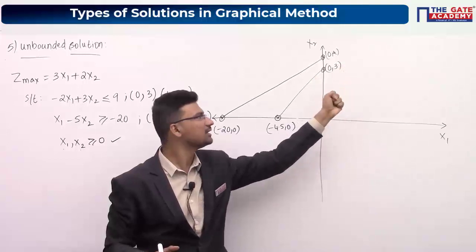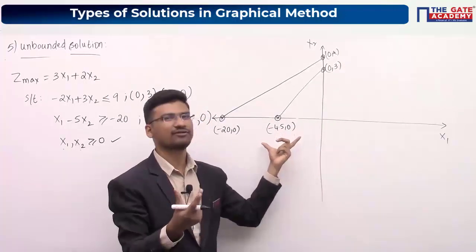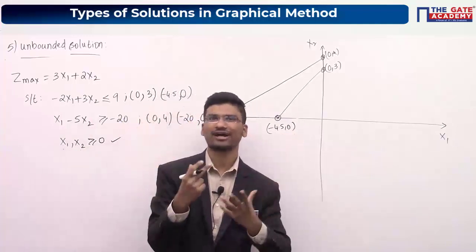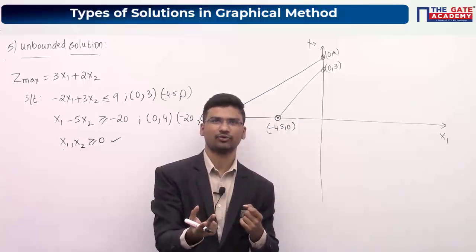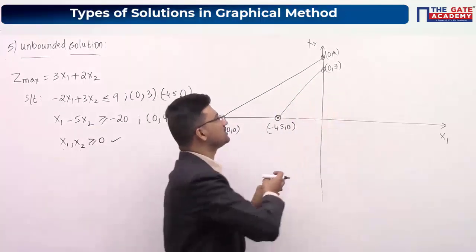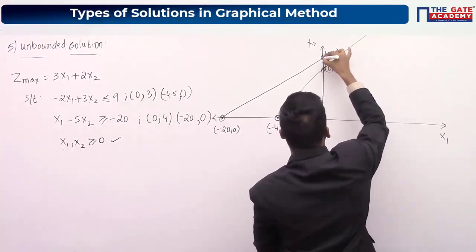That's all. The points I have written here are just for plotting the straight line, so you can extend the line into any quadrant. Just extend this straight line into the first quadrant.